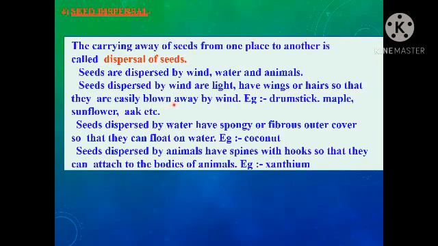Examples are drumstick, maple, sunflower, and oak. Seeds dispersed by water have a spongy or fibrous outer cover so that they can float on water. Example: coconut. Coming to dispersal by animals, the seeds have spines or hooks so that they can attach to the body of animals. Example: xanthium.